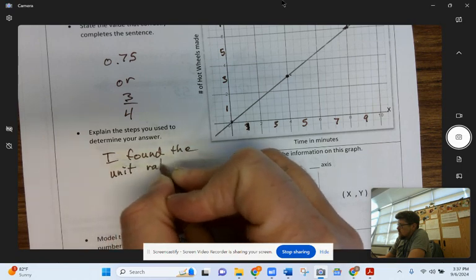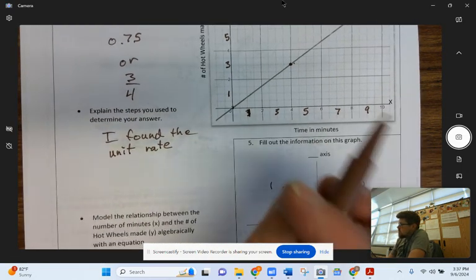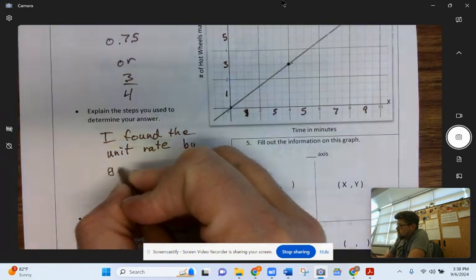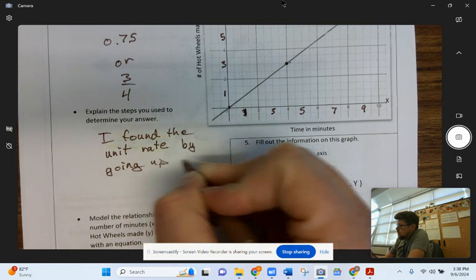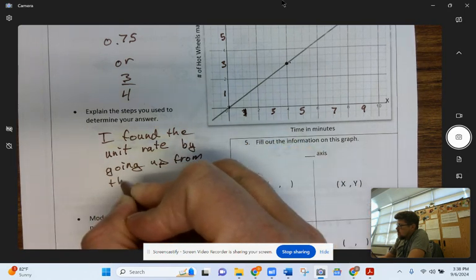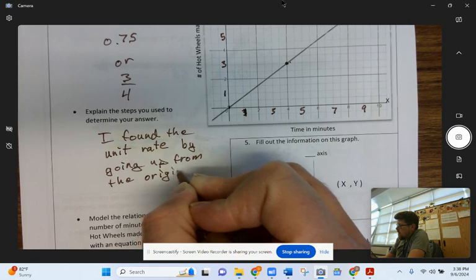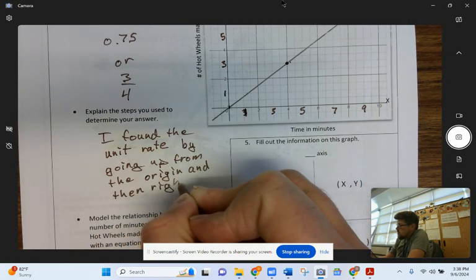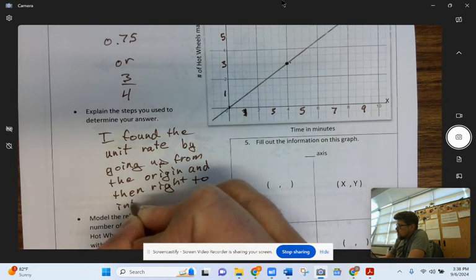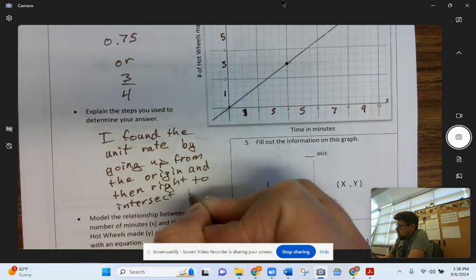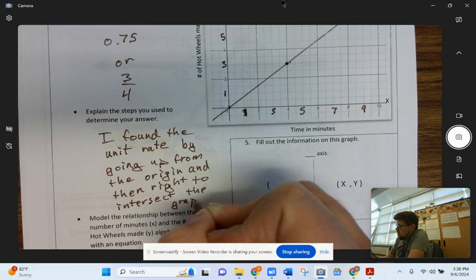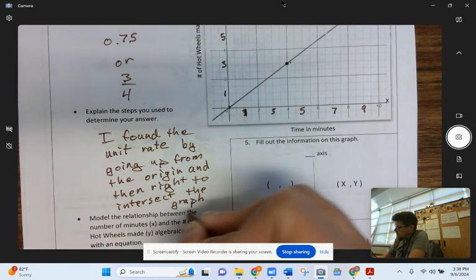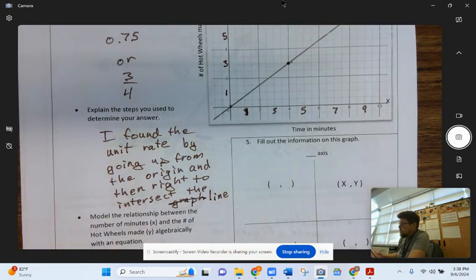I like that better, because I'm going to use unit rate in class more than I'm going to use constant of proportionality, by going up from the origin and then right to intersect the line. And so starting here at the origin, I went up 3 and then right 4, and that's where it intersected. Let's actually say line rather than graph.